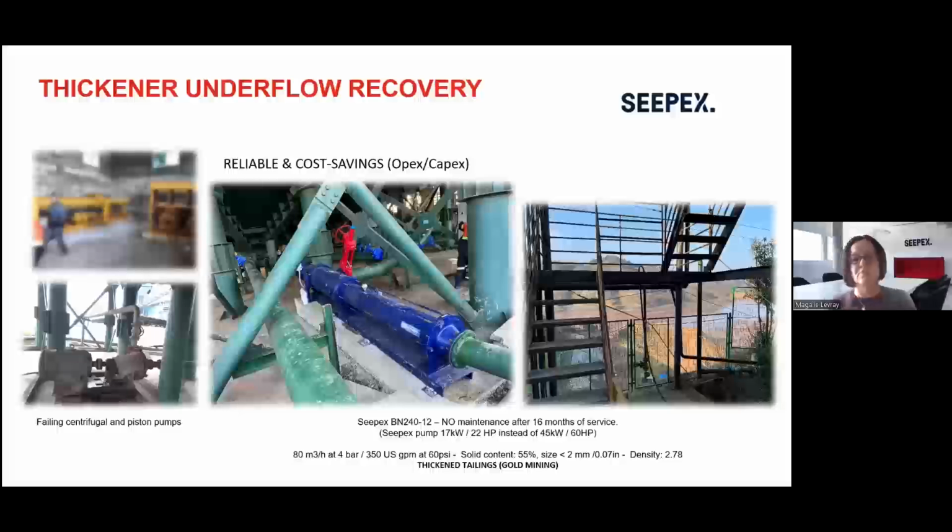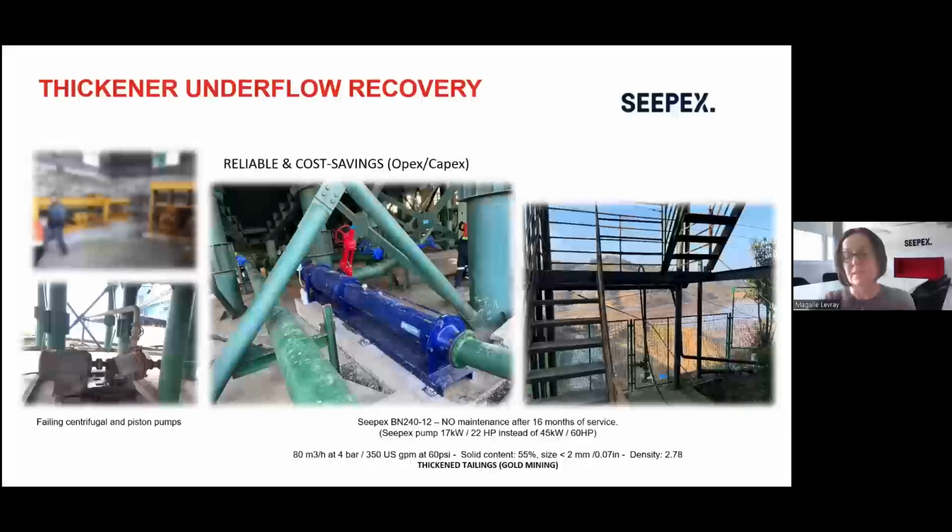That changed drastically the life of the mine there, where they had a pump that brought reliability and also great cost savings, as we replaced 45 kilowatt, that's about 60 HP, by a 17 kilowatt drive only, that is 22 horsepower. So that is a good example of how we bring reliability and drastically decrease cost at the same time.